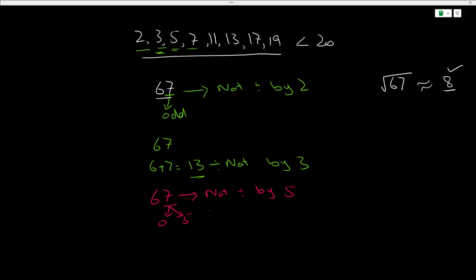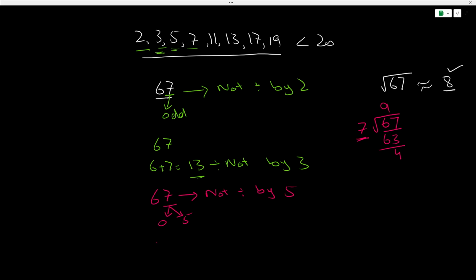Next check is by 7. To check if the number 67 is divisible by 7 or not, we do long division. 7 times 9 is 63, 4 will be the remainder. So 67 is not exactly divisible by 7.